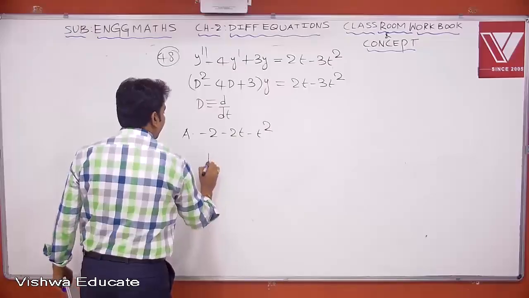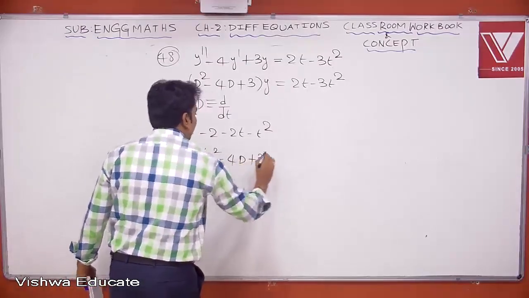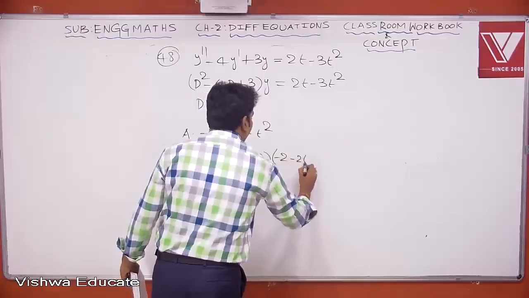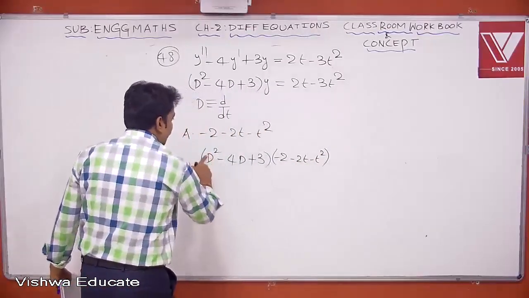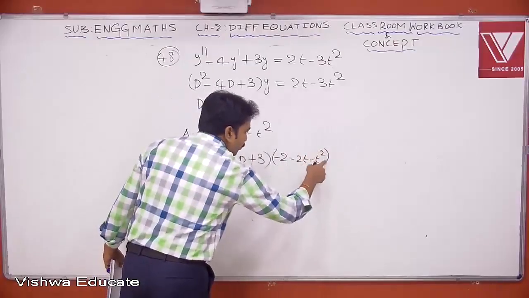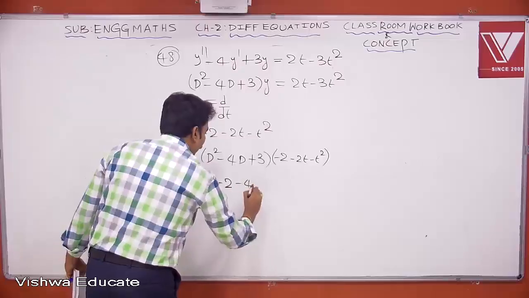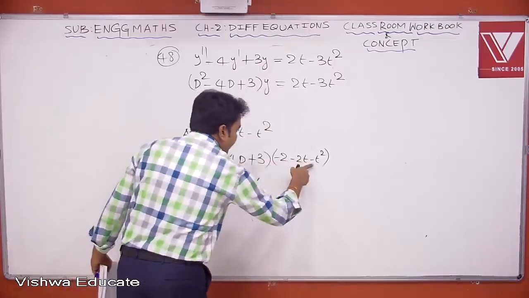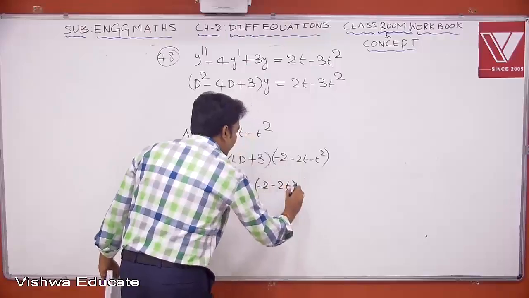Now I am verifying. So (D square minus 4D plus 3) of (minus 2 minus 2t minus t square). So this is nothing but D square of this, D square of a second degree polynomial. This is 2 factorial, but here minus is there. So here minus 2, minus 4 into D, meaning d by dt of this. So this is minus 2 minus 2t, plus 3 into this.